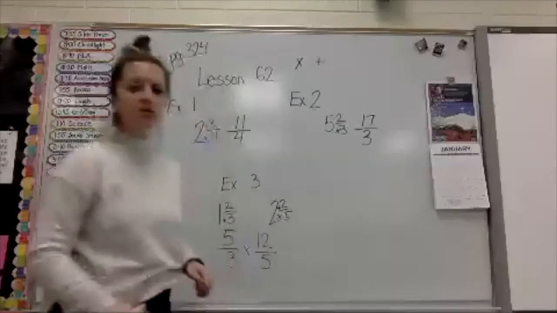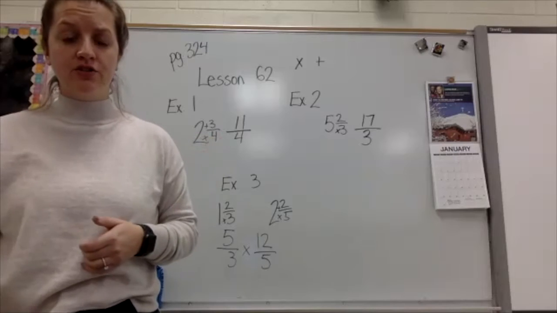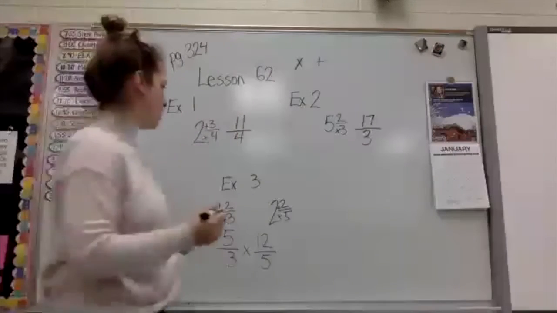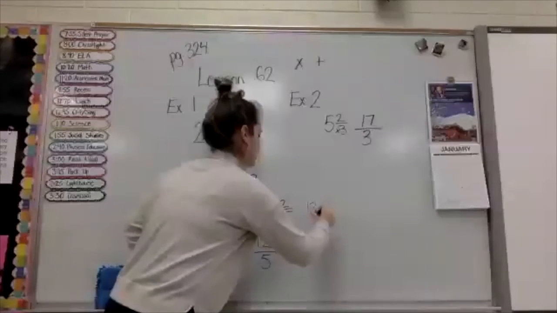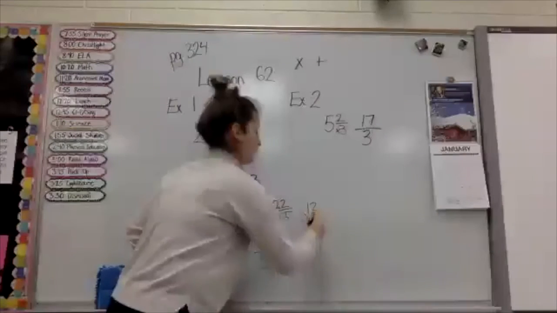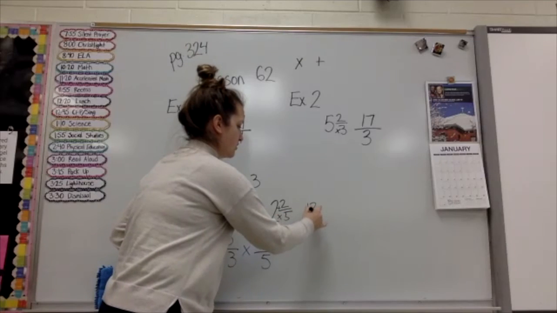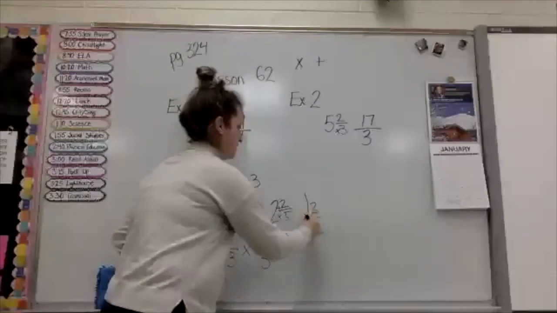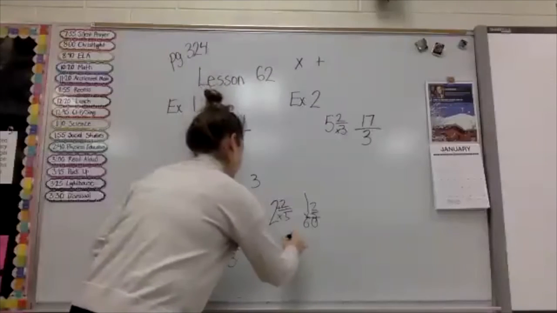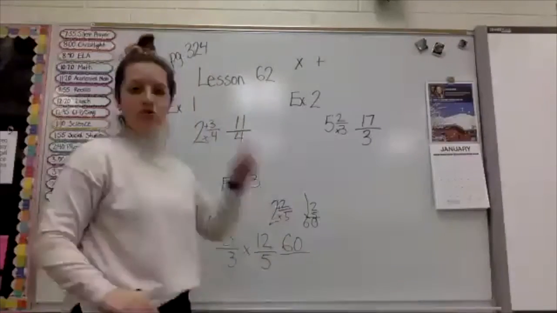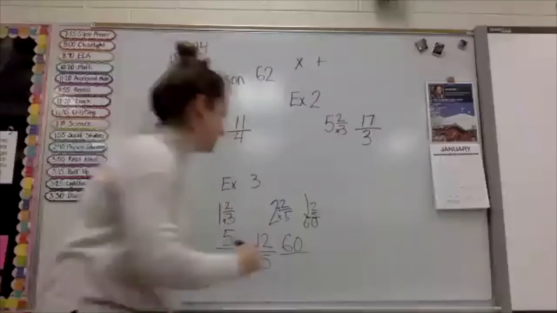And we know when we multiply, it does not matter if your denominators are the same, you just multiply across. So I've got 5 times 12, and then I go ahead and multiply that out, 10. So I have 60. And then 3 times 5, I know it just in my head is 15.